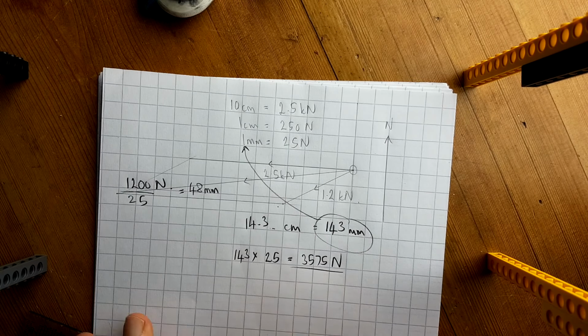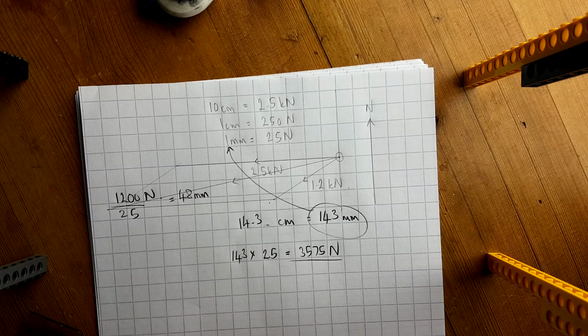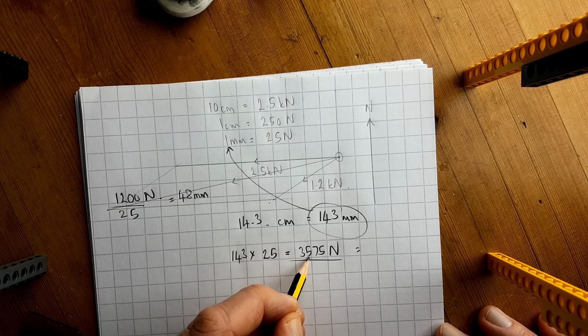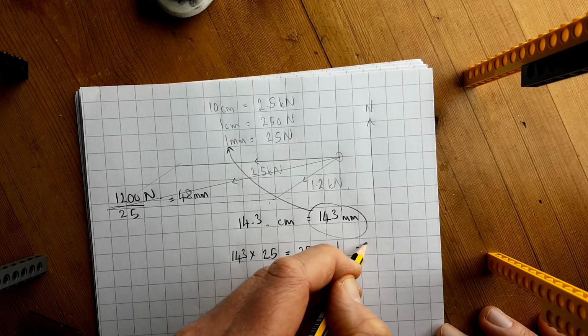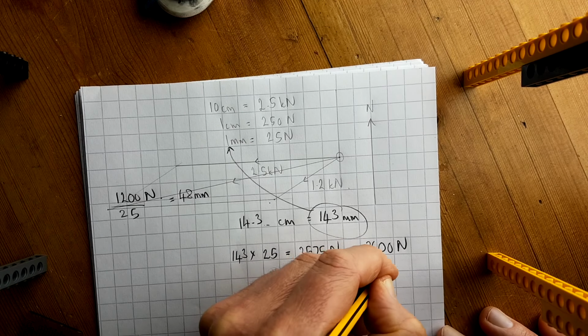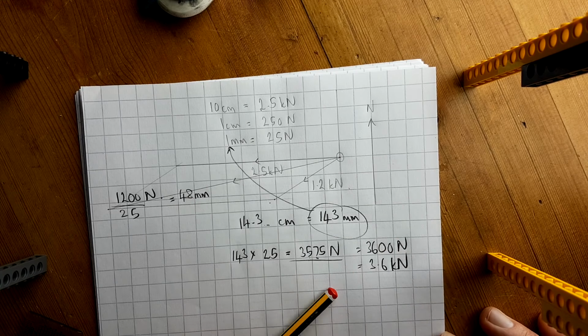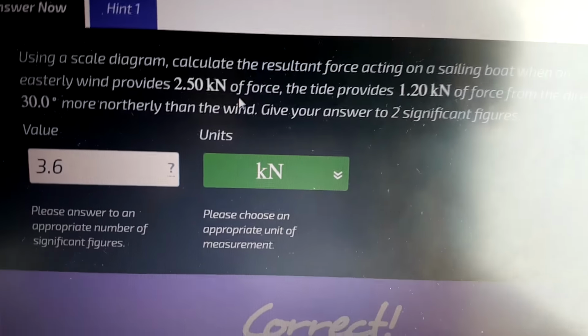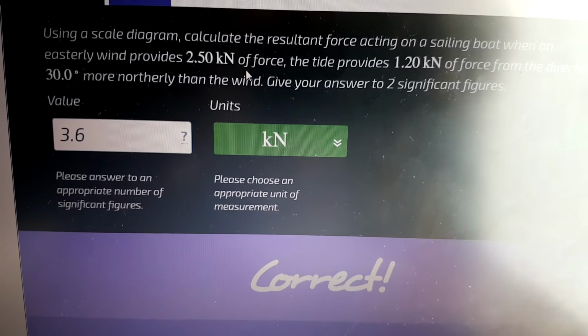Okay, that's my answer. But the question asks for 2 sig fig. So to 2 sig fig, it's 3, and then that takes the 5 to 6. So it's 3,600 newtons, or 3.6 kilonewtons. If I pop that out, that's the correct answer, 3.6 kilonewtons.